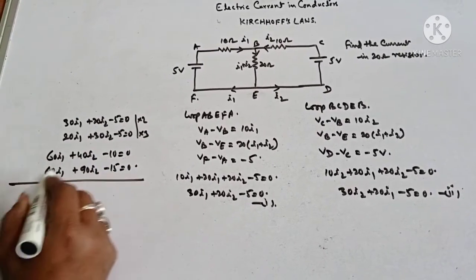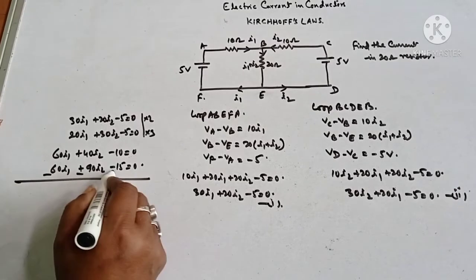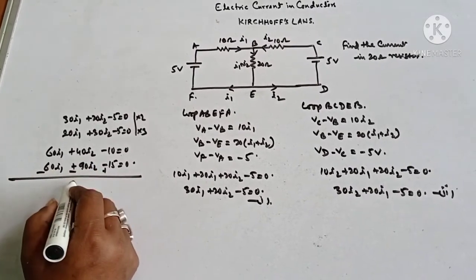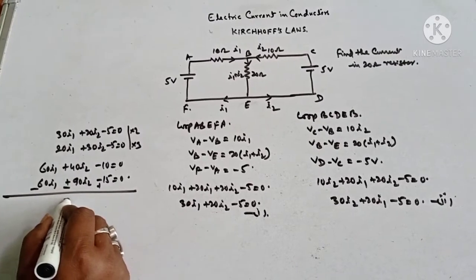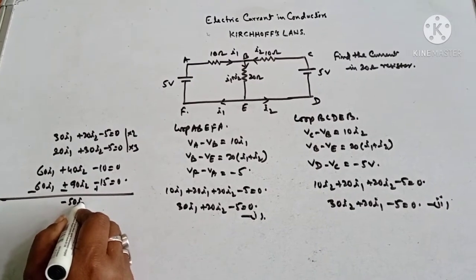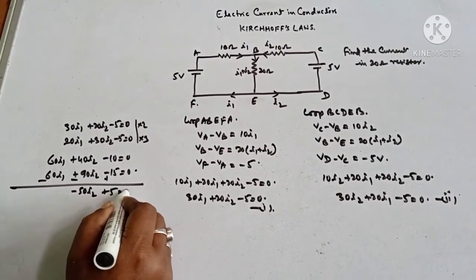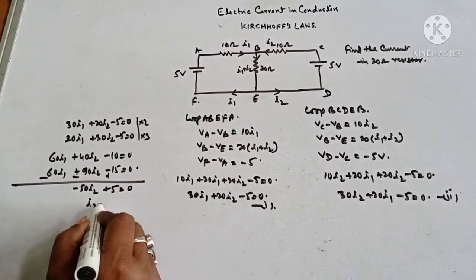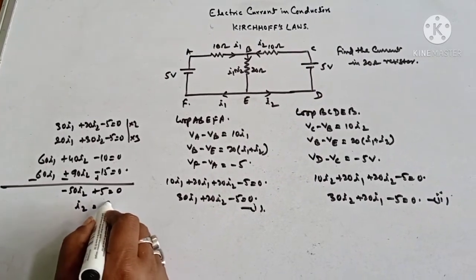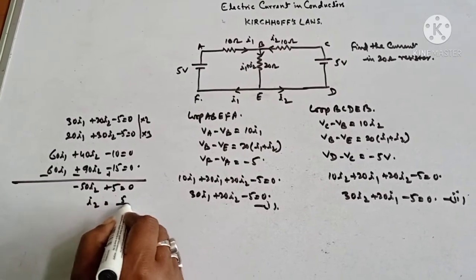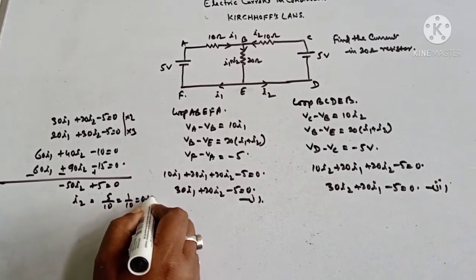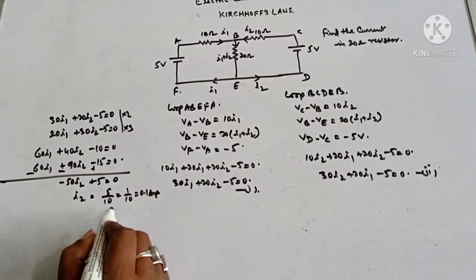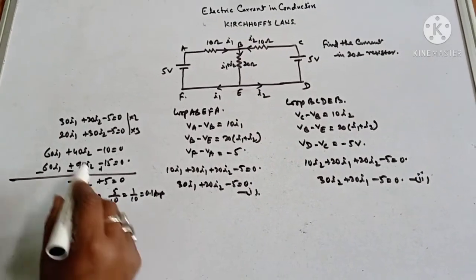If you subtract, this comes out to be minus 50 I2 plus 5 equal to 0. So I2 comes out to be 5 by 50, that is 1 by 10, which is 0.1 ampere.